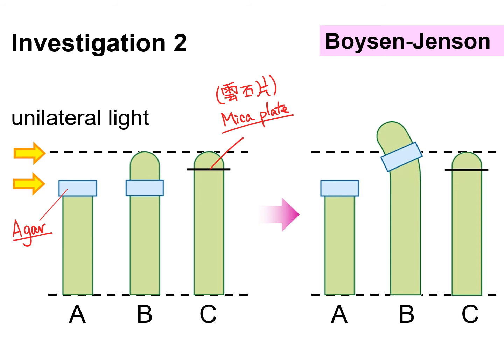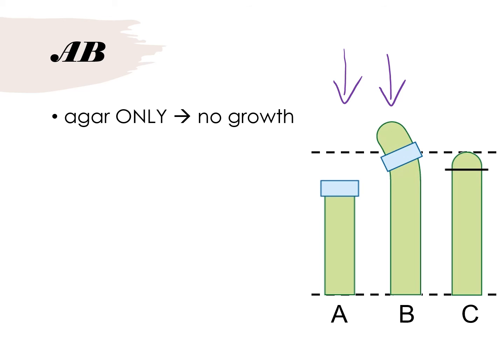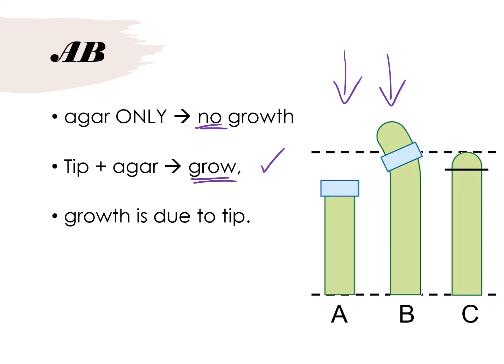Under the action of unilateral light after several days, only setup B shows growth and bending. If we just take a look at setup A and setup B, we can see that if there's agar only, there's no growth. However, if you have the tip and agar together, it shows growth. So the growth is due to the tip.